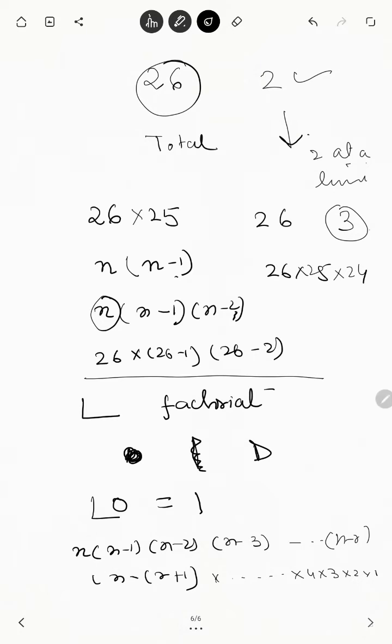Got it? For example, we have 4 letters A, B, C, D, and taking 4, how many arrangements can we make? First choice 4, second choice 3, third choice 2, and the last will be 1.